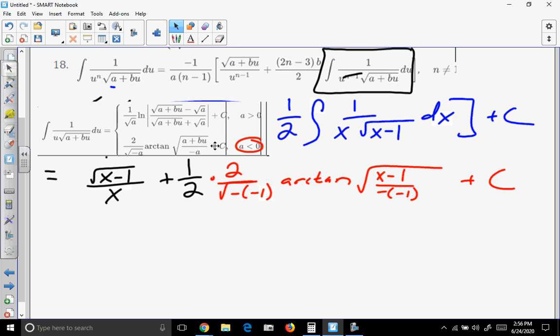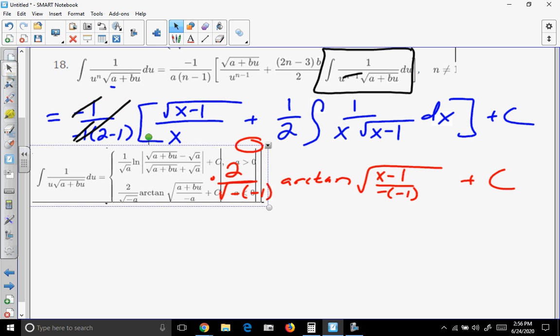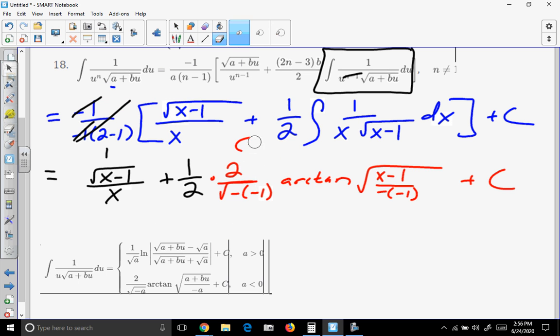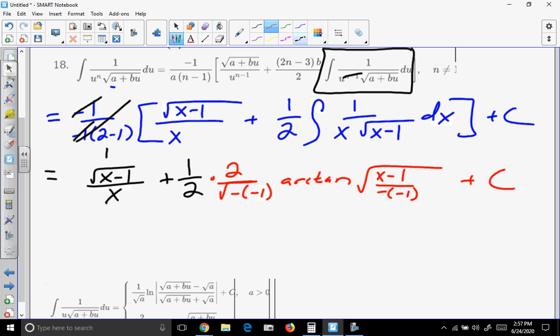So just using that bottom formula, plugging in our a plus bu in there. So if we simplify this, we have the square root of x minus 1 over x.